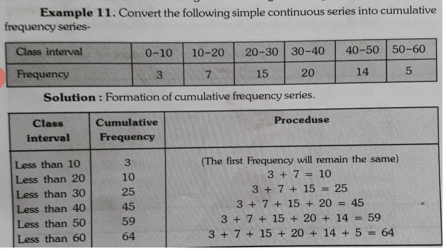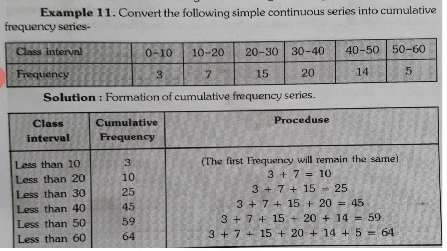Now for the third class interval, the frequency is 15 and the cumulative frequency of the preceding class is 10. So 10 plus 15 becomes 25. For the fourth, frequency is 20 and preceding cumulative frequency is 25, so 25 plus 20 becomes 45.